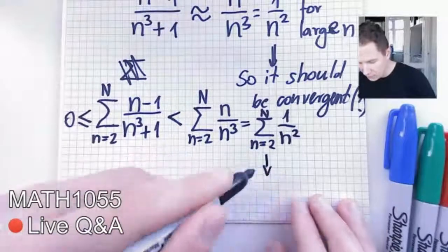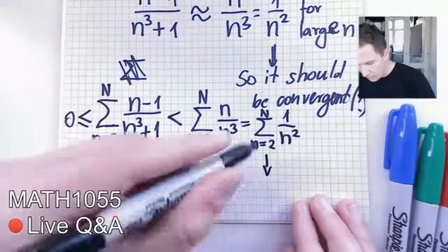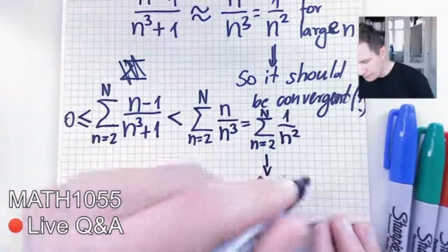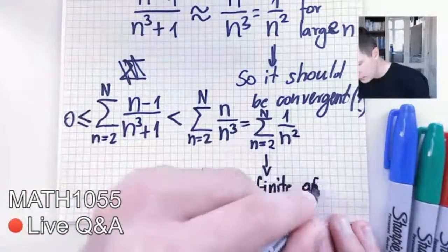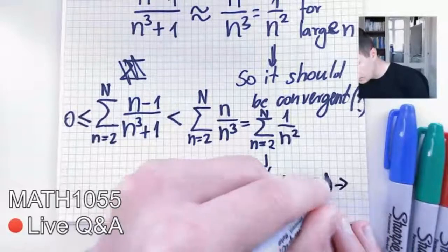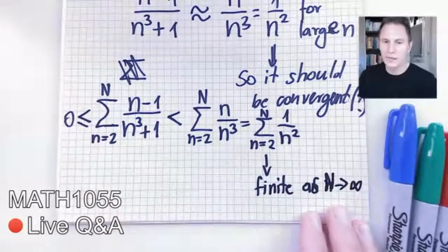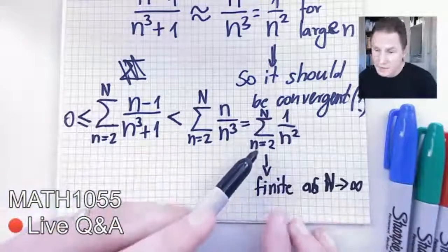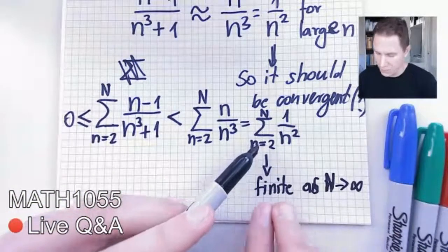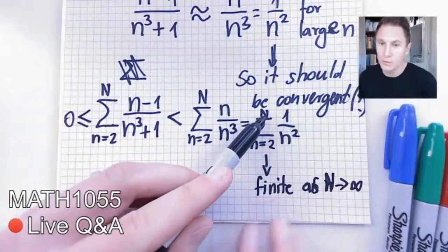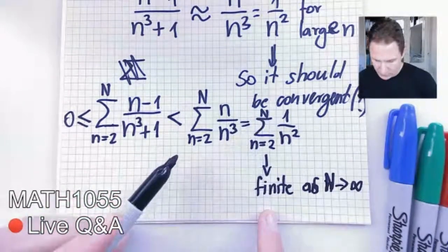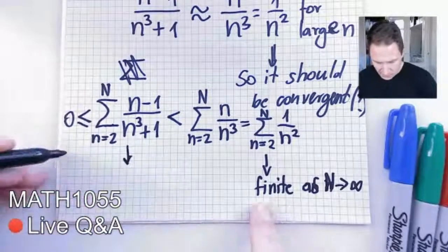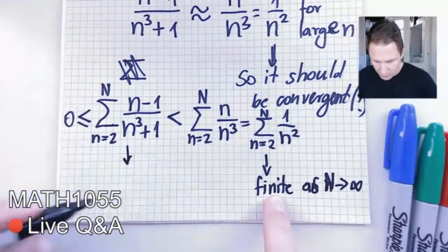So if capital N goes to infinity, this is a finite number. Okay, the sequence of partial sums, the more and more terms we add up, we still get a finite number, even if it's infinitely many terms, even if we take the limit of this sequence. So this is finite, and of course this means that we are between 0 and some finite number in the limit.